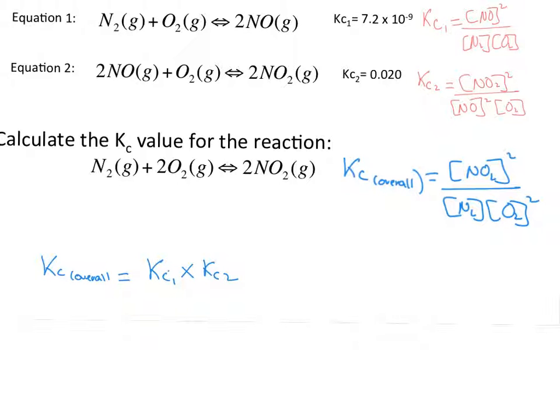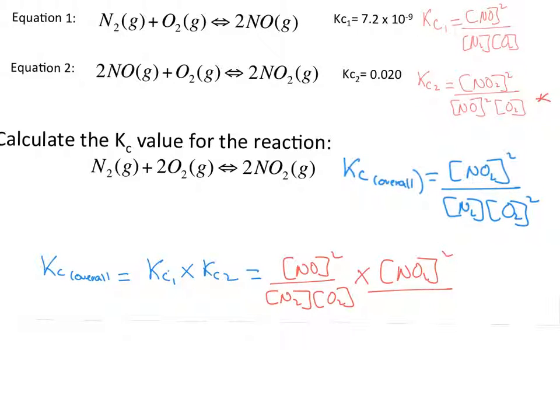If we write down the expressions for Kc1 and Kc2, we end up having Kc1 as NO2 over nitrogen and oxygen, times what is Kc2, NO2 to the 2 over NO2 oxygen.